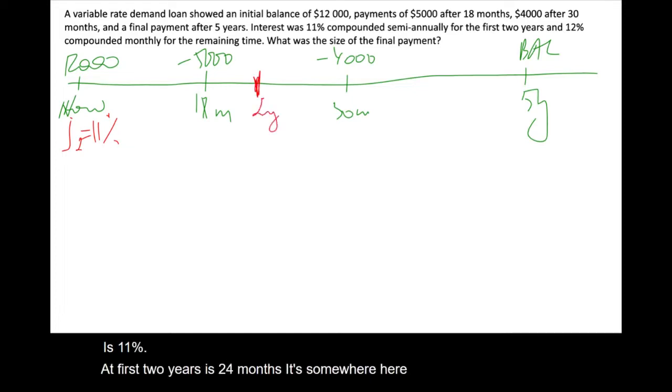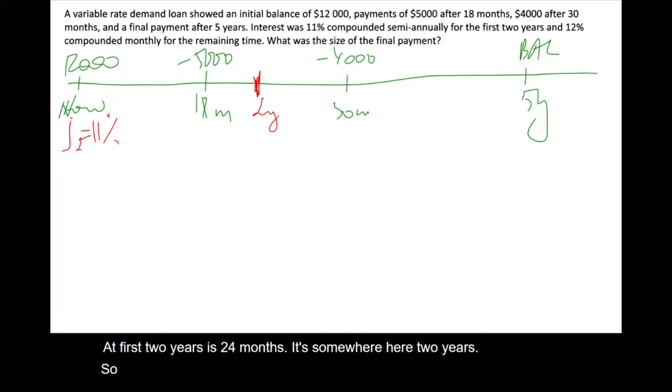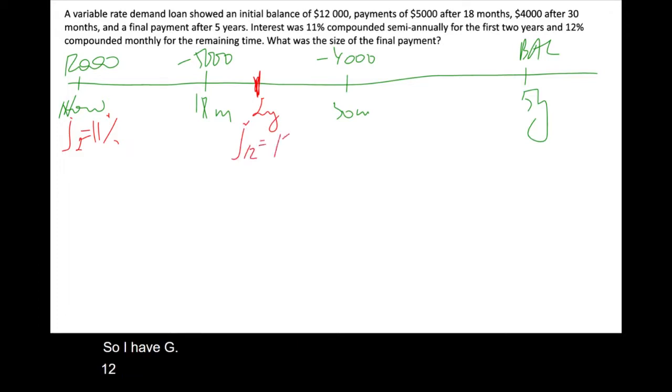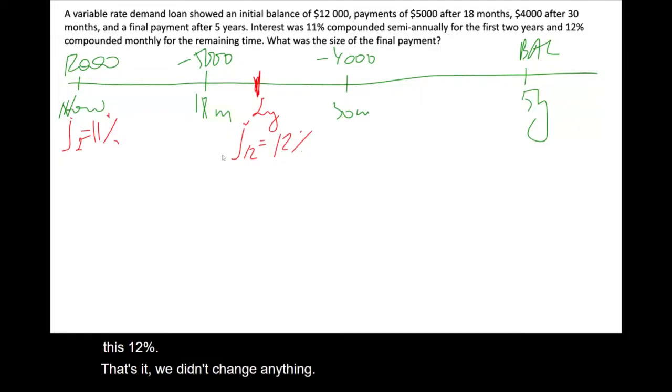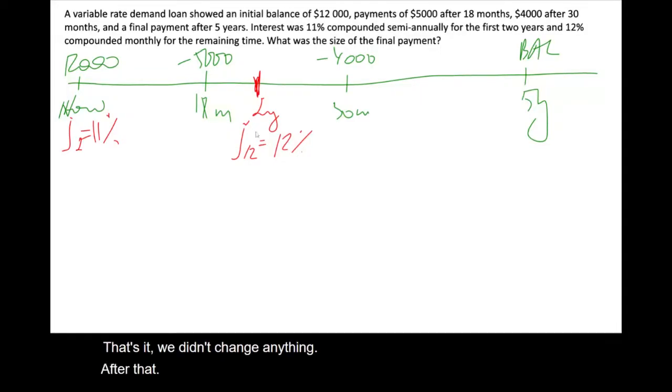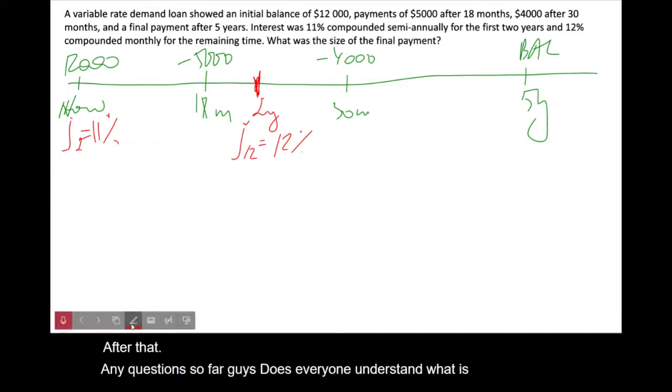After 2 years, I have J12 is 12%. That's it. We didn't change anything after that. Any questions so far, guys? Does everyone understand what is happening?